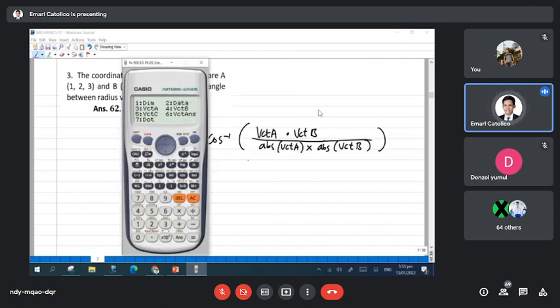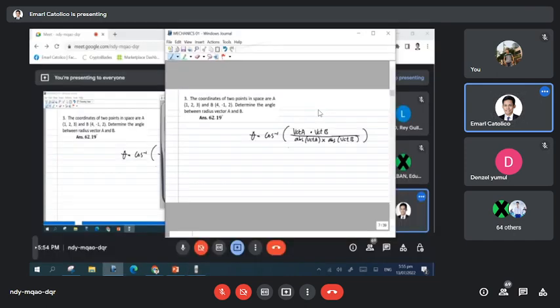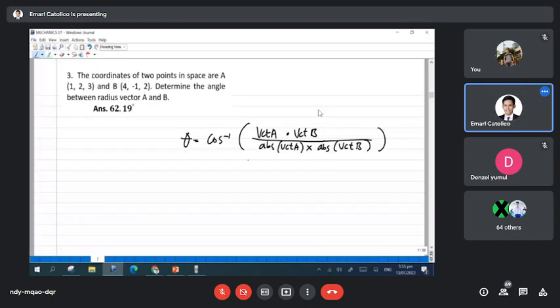So, edit natin yung data. So, vector A is 1, 2, 3. Then, edit natin si vector B, which is 4, negative 1, then 2. Okay? Medyo mahaba lang siya i-type, no? Pero at least hindi kayo magkakabisada ng formula.